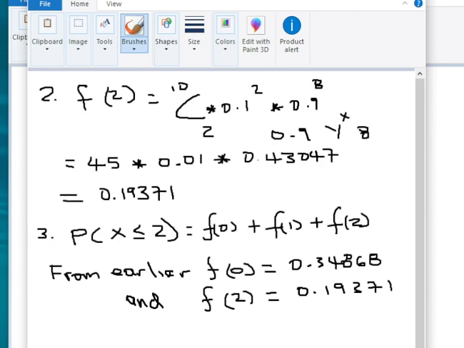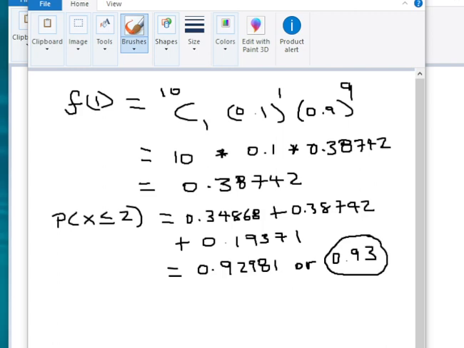So how many ways can x be less than or equal to 2? Only 3 ways. It's either going to be 2 because it's equality, or it can be 1, which is less than 2, or 0, which is also less than 2. These are the 3 options we have, so we need to find each one. We already have f of 0 from before, and we just did f of 2. So we still need to find f of 1, then we're going to add everything together.